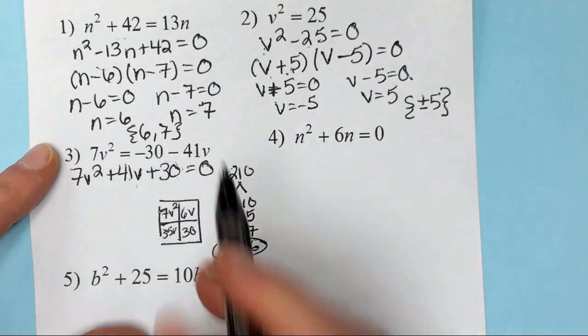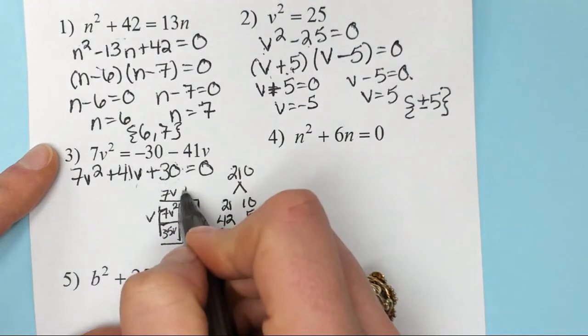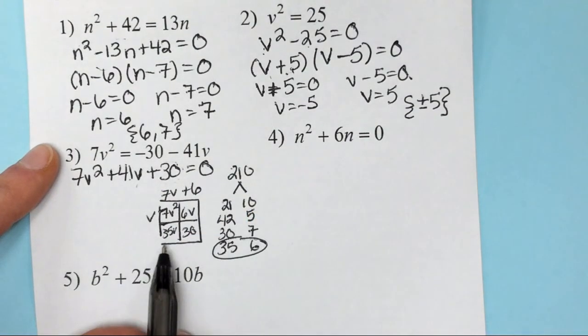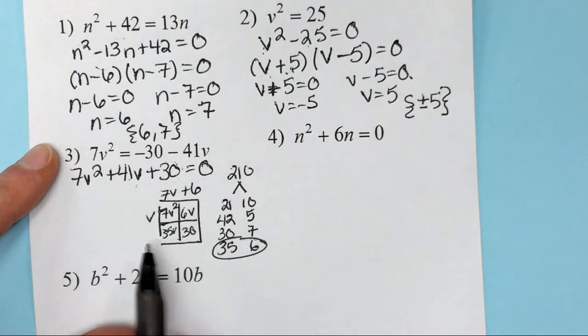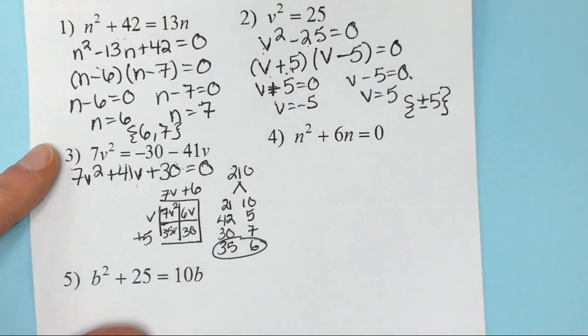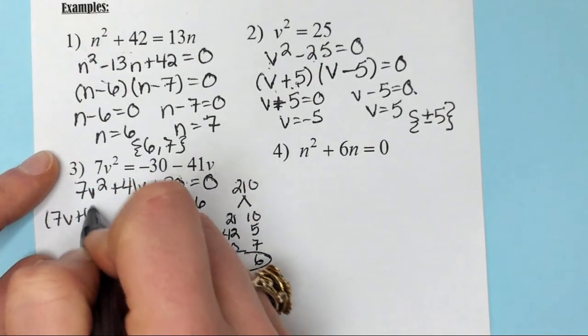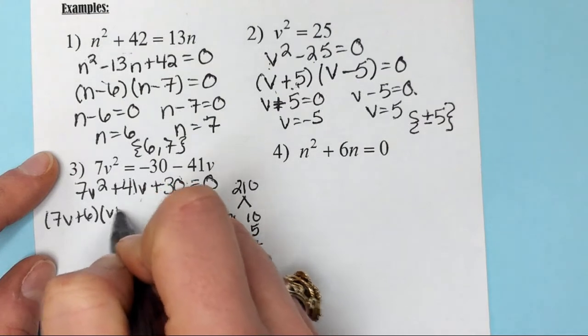Only factors of 7 are going to be 7v and v. So this is going to have to be 7v plus 6, and to get a 35v here, I'm going to need a 5 here, so plus 5. So my two factors are going to be 7v plus 6 times v plus 5 equal to 0.